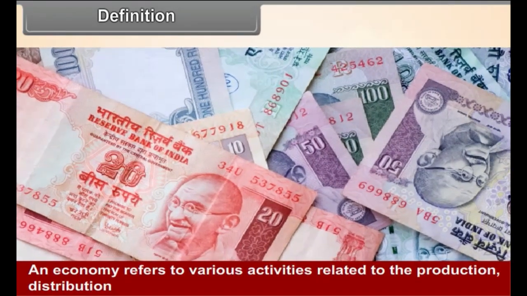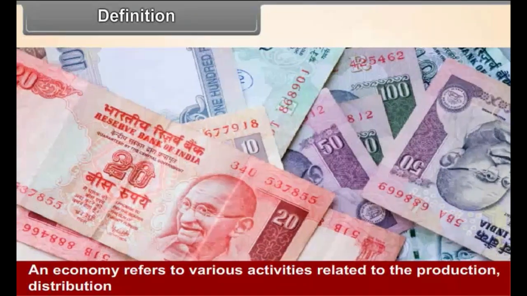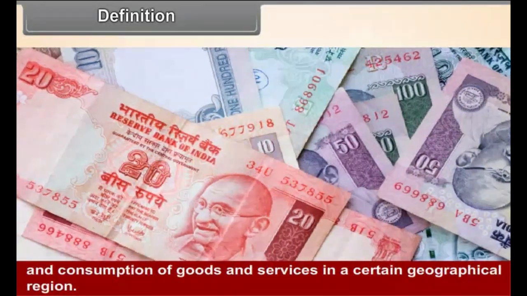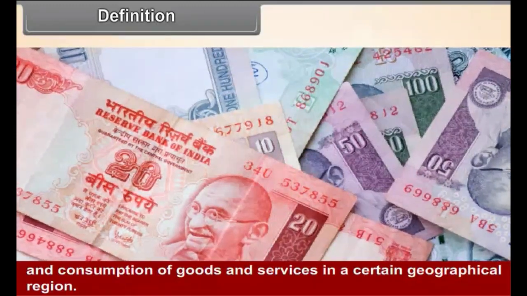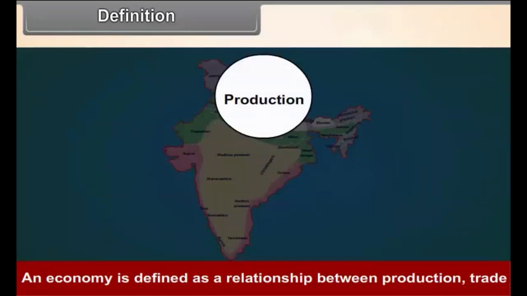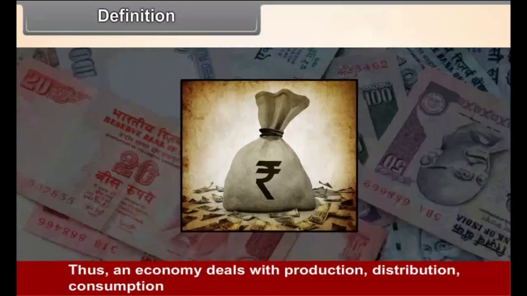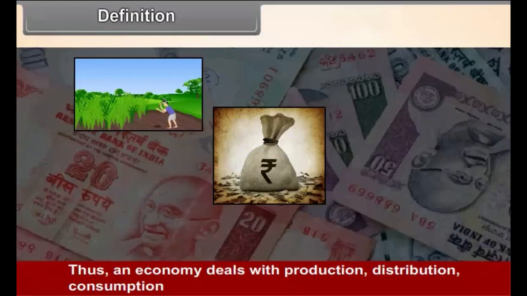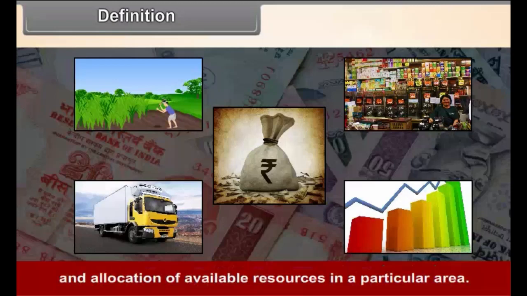An economy refers to the various activities related to production, distribution, and consumption of goods and services in a certain geographical region. An economy is defined as a relationship between production, trade, and the supply of money in a particular country or region. Thus, an economy deals with production, distribution, consumption, and allocation of available resources in a particular area.